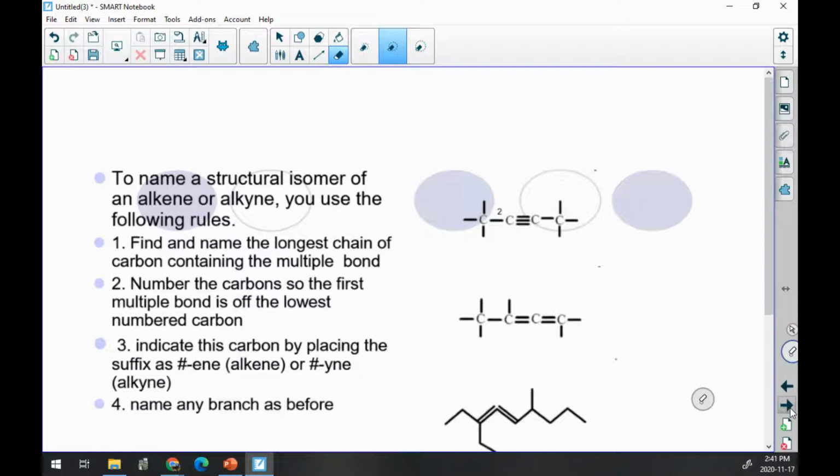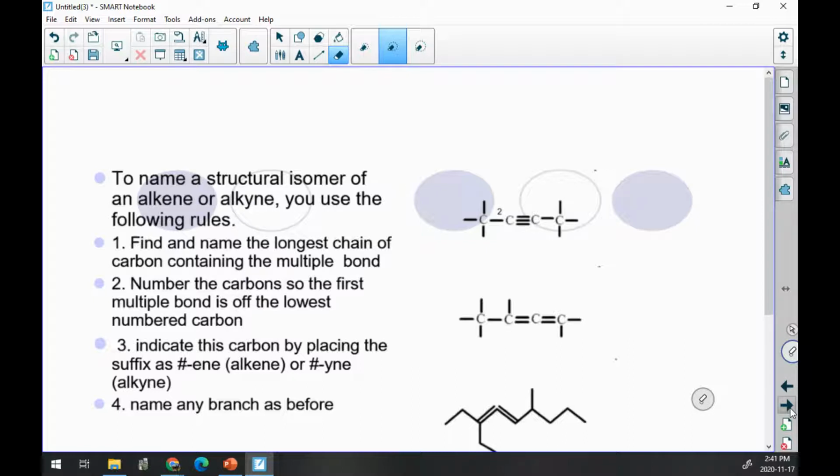Eth. Kyle, for 3? Prop. But, for 4. Alexis, 5. Pent. 6. Hex. 7. Hept. Chloe, 8. Oct. 9. Non. And 10 is dec.